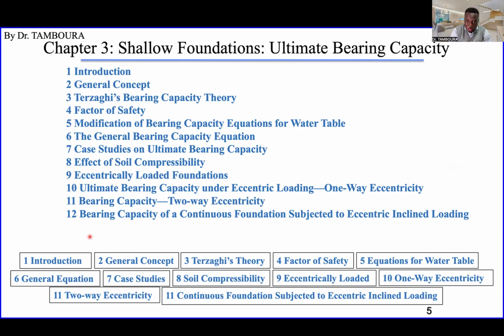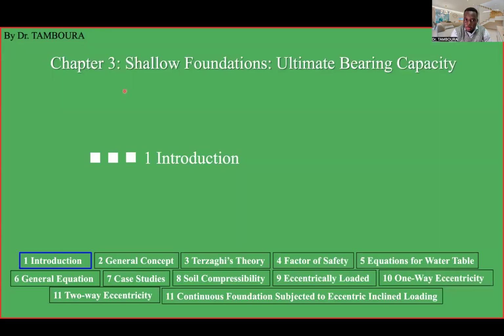And as I said, this chapter is very important as it is one of the main topics in foundation engineering, even in geotechnical engineering. So today we are going to talk about the first two points, introduction and general concept. So let's start with the introduction.